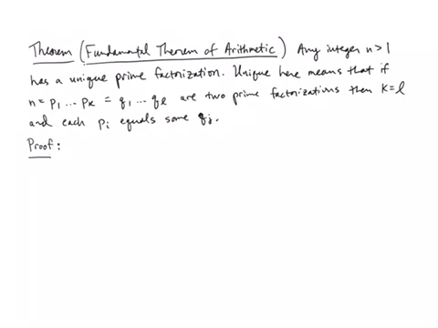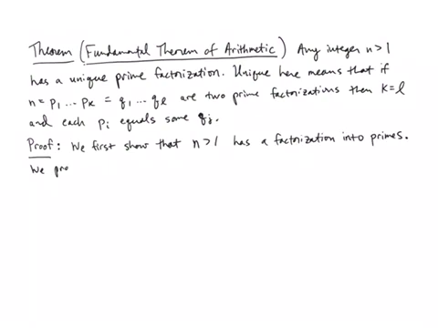Okay, so there's 2 parts to the proof. We have to show that any integer greater than 1 has a prime factorization, and then we have to show that it's unique. So we first show that n bigger than 1 has a factorization into primes. So we proceed by strong induction.